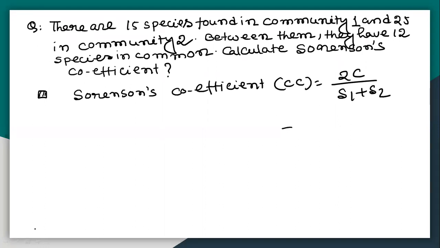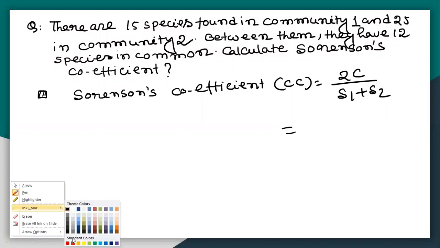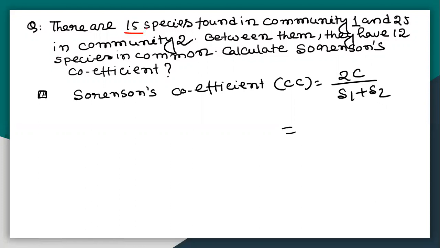Looking at the question, there are 15 species found in community 1, 25 species in community 2, and between them they have 12 species in common. So 2 into 12 by the total number of species in community 1, that is 15, and in community 2, that is 25. So 24 by 40 is 0.6.